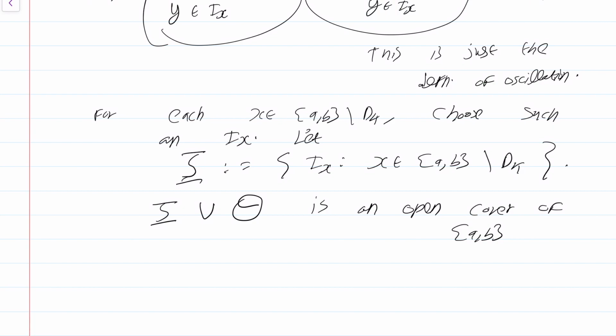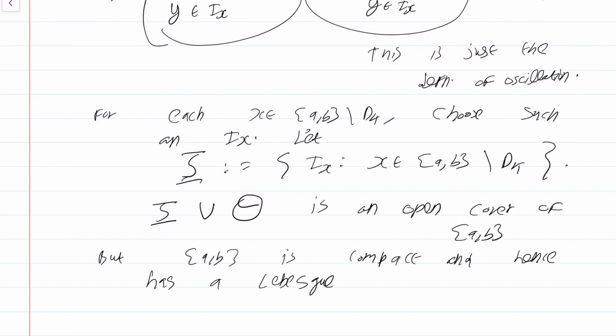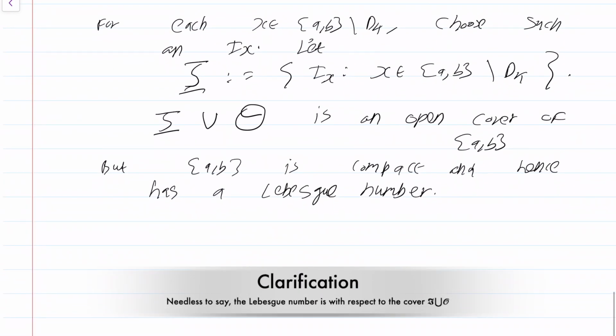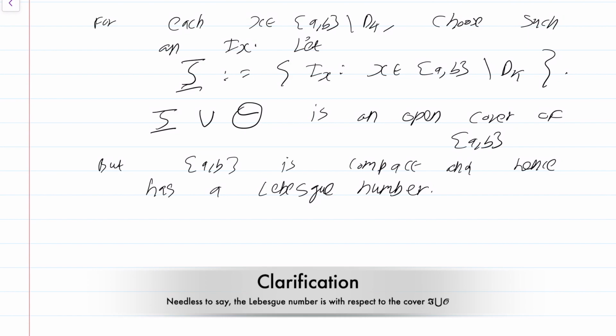So this I union O is an open cover of [a,b], but the closed interval [a,b] is compact, and hence has a Lebesgue number. So recall from our extensive study of topology that there will be a Lebesgue number.